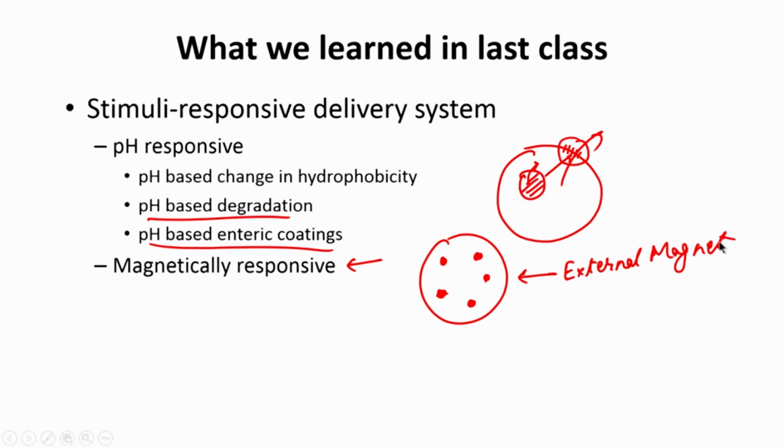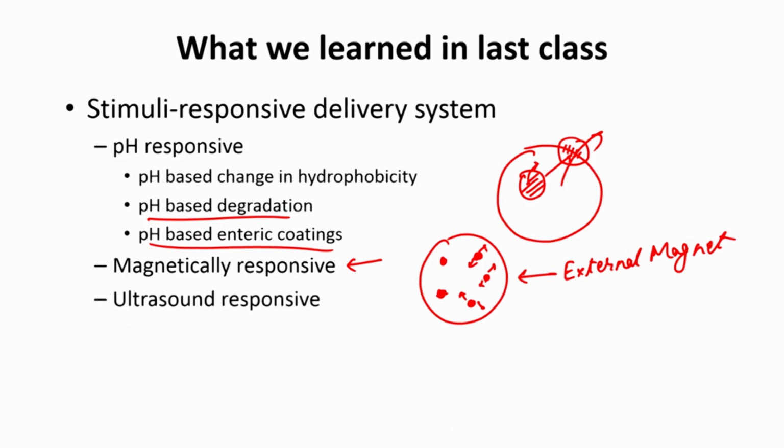So, let us say if it is under my skin and I give an oscillating magnetic field over my skin, all of these will start to vibrate, and because of that they will cause enhanced penetration of the solvent from outside as well as enhanced diffusion of whatever was encapsulated inside the system.